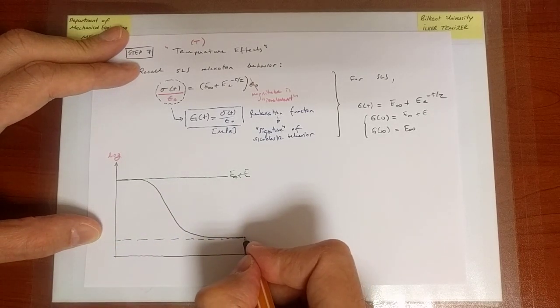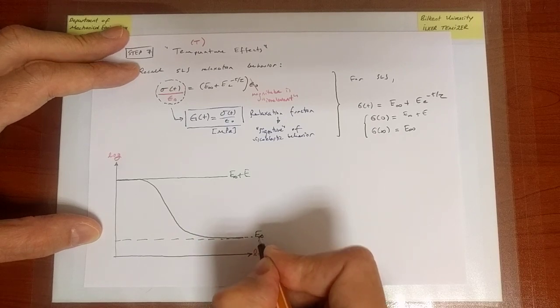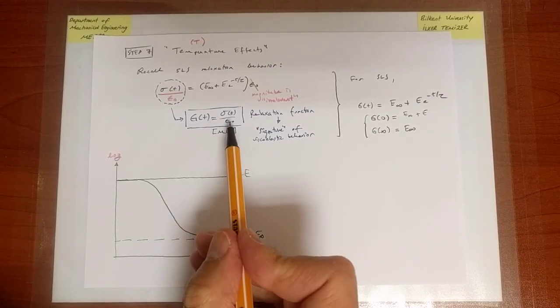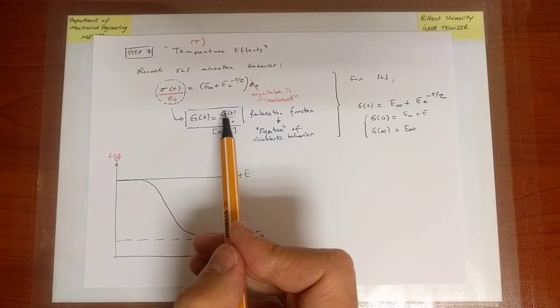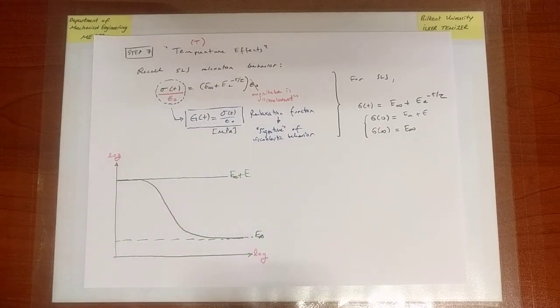This is the end. It is the soft ending, which is E infinity. Okay, and now we're talking only in terms of what is intrinsic to the material behavior. Again, stress is not quite intrinsic because it's scaled with respect to epsilon 0, but the relaxation function is intrinsic to the material. It's, if you like, a material property.